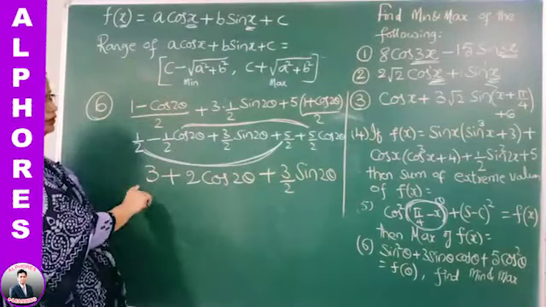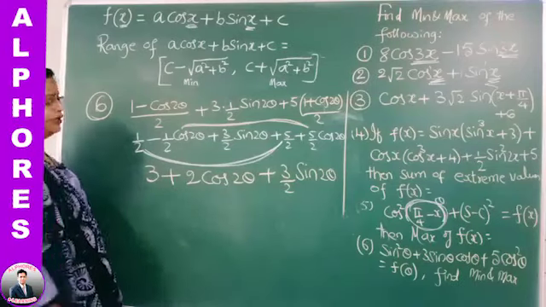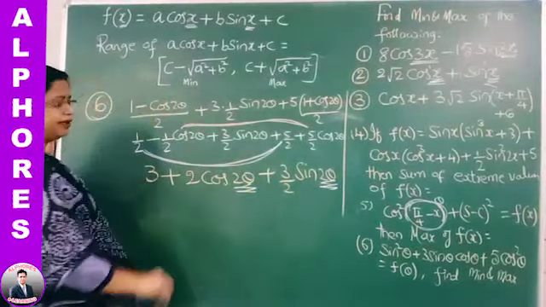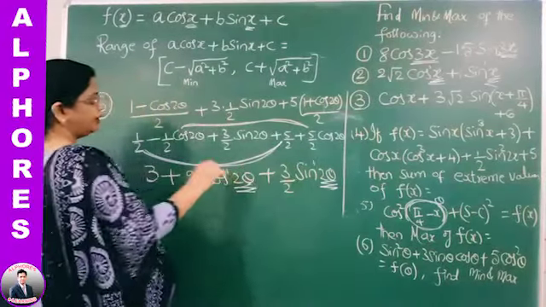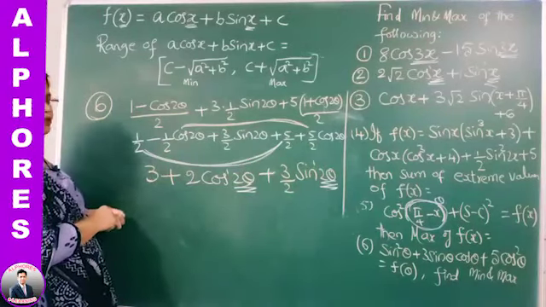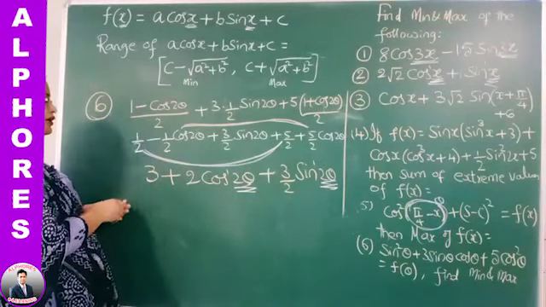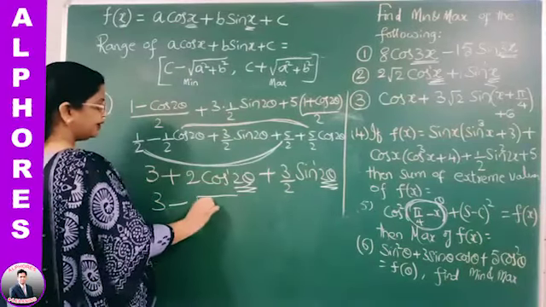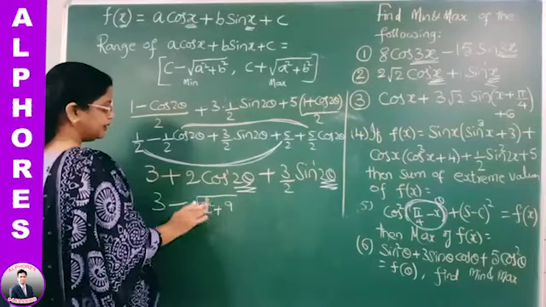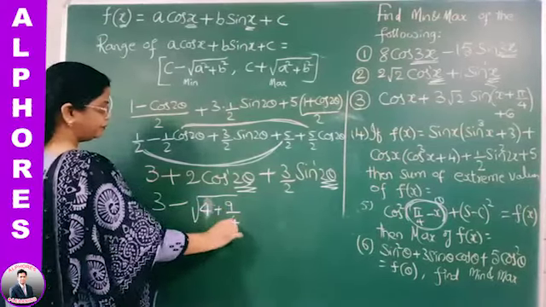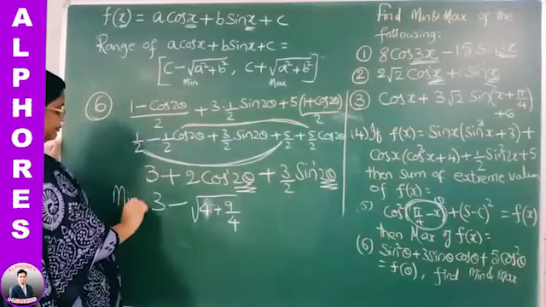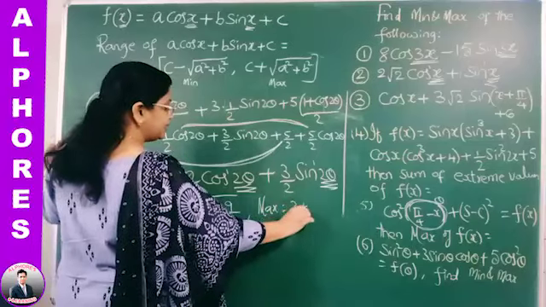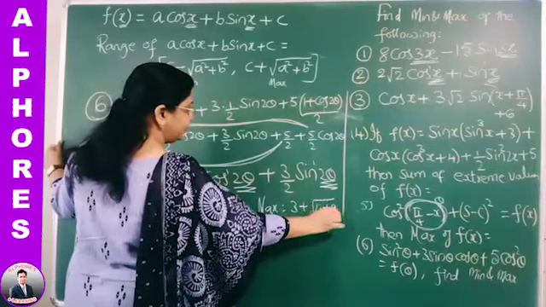Now you got the entire problem in terms of our standard result, because the angles are one and the same, that is 2 theta and 2 theta, and the power is also 1 and 1. Then what about the result? Minimum is c minus. So what is our c here? 3 minus under root of 2 square plus 9 by 4, that is 4 plus 9 by 4, and this is the minimum. The maximum value is 3 plus under root of 4 plus 9 divided by 4.